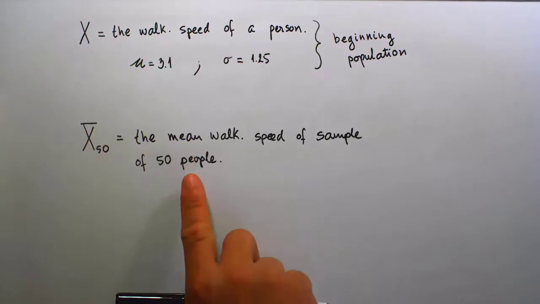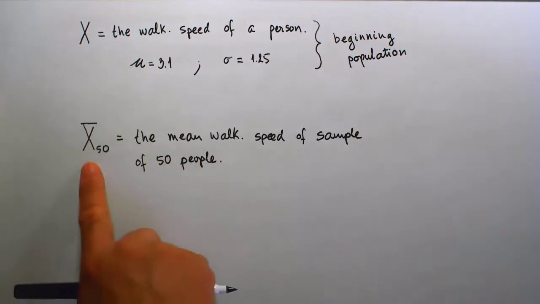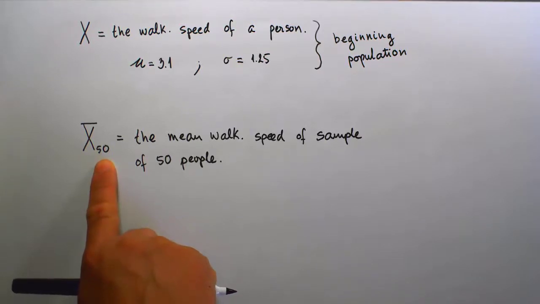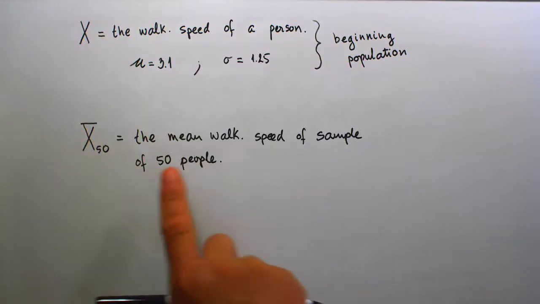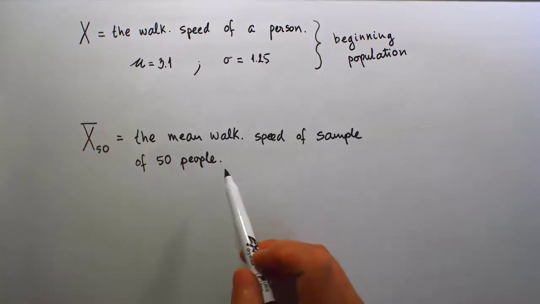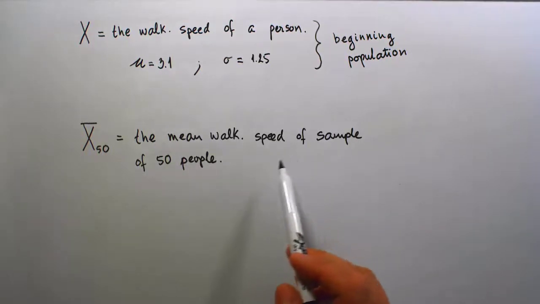Any group of 50 people has a mean walking speed, and we refer to those as sample means. All of those sample means together form a sampling distribution of the mean, where each sample is of size 50.